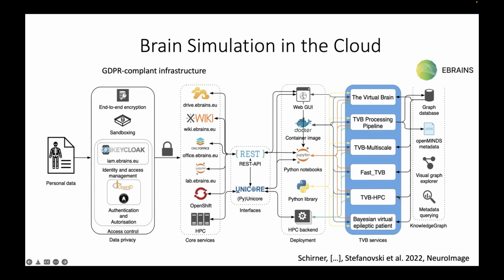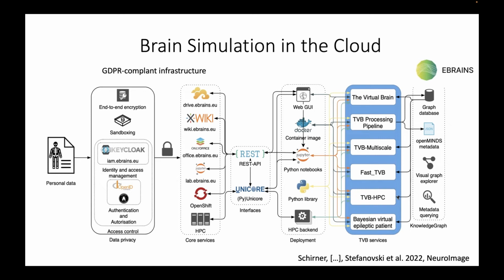Okay, so what we are also now doing, and this is also touching last week's talk, is that we can do these simulations, as they are computationally quite effortful, not only on a local machine, but also on cloud-based computing, so on supercomputers and clusters.